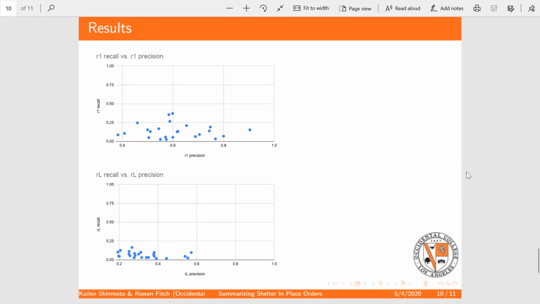We came to the conclusion that this is most likely because of the difference between extractive summaries and abstractive summaries, being that extractive summaries, which are our text summaries, were taken from the official shelter-in-place orders, whereas the human summaries are abstractive. So it's hard to match up those two exactly. That also correlates with our precision score, which is probably why both of those tend to be low between these two graphs.